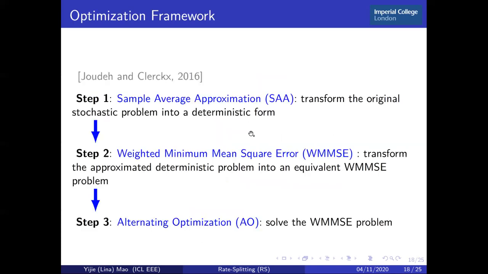To solve it, we first transform the stochastic optimization problem into its deterministic form by using the sample average approximation method. Then the problem is equivalently transformed into a WMMSE problem, which can be solved by using alternating optimization. Due to time limitation, the algorithm is not further explained here.